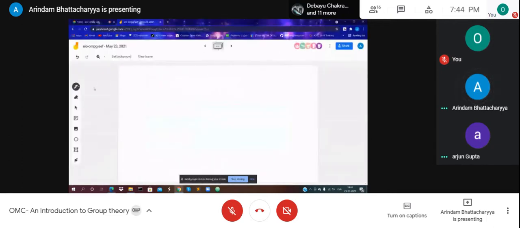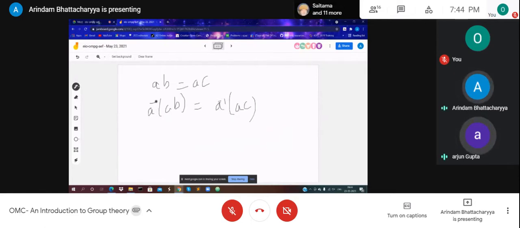Let me be pedantic and say, so you have AB equal to AC. You say that A inverse of AB is equal to A inverse of AC. But in these groups, are we allowed to multiply?